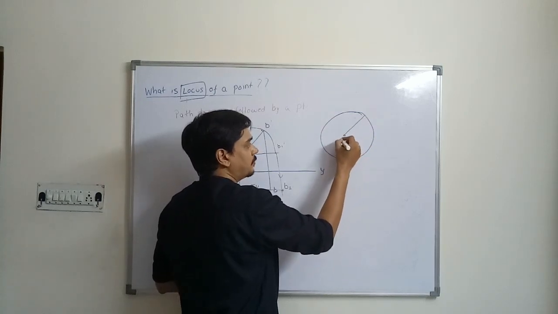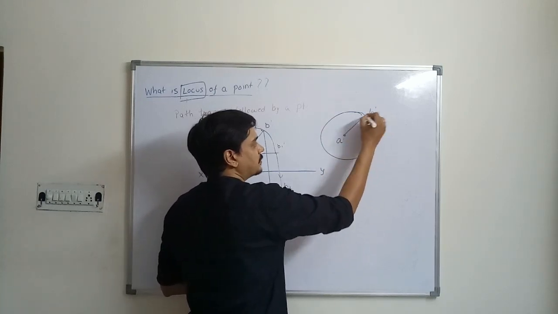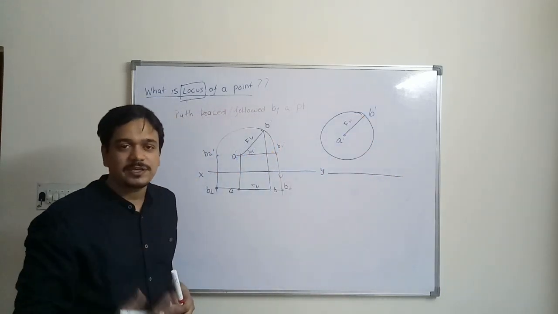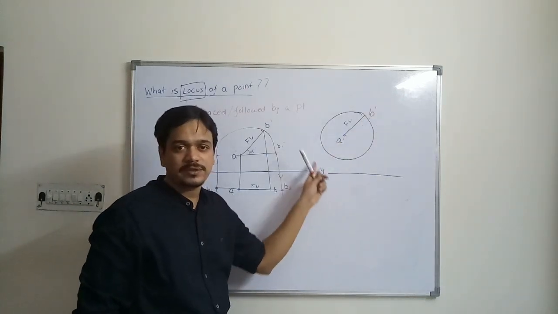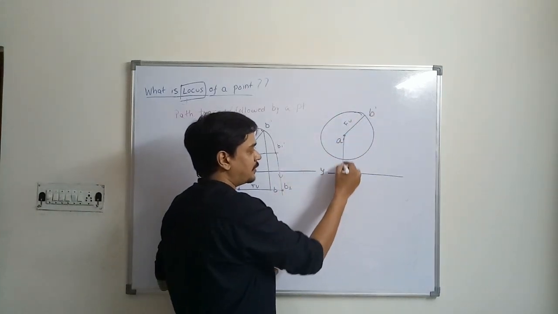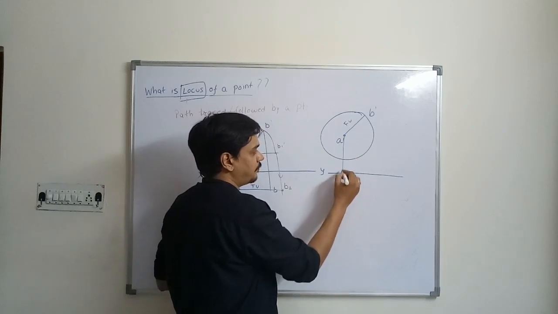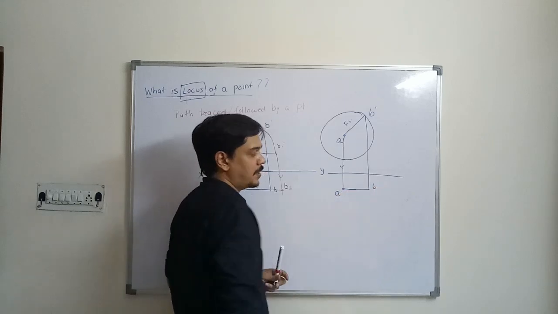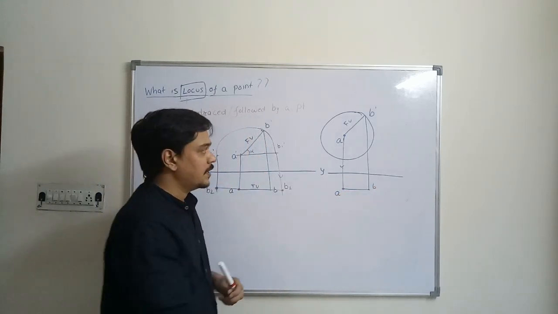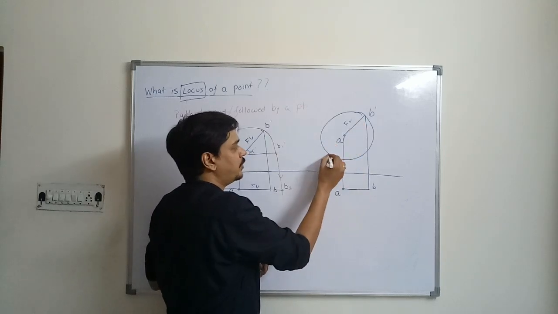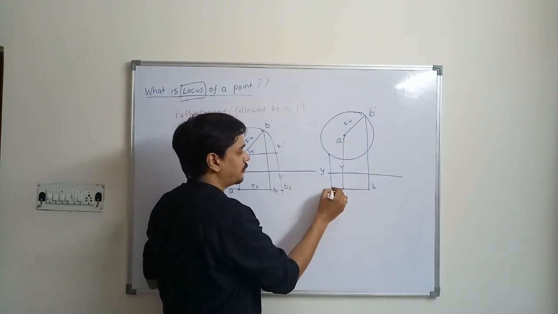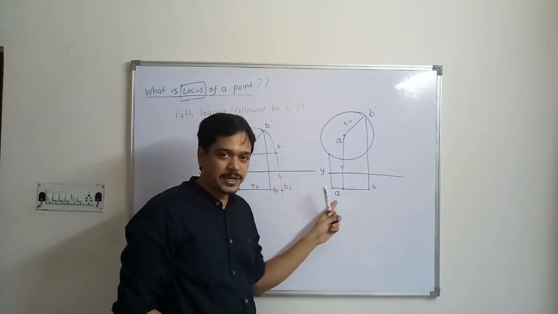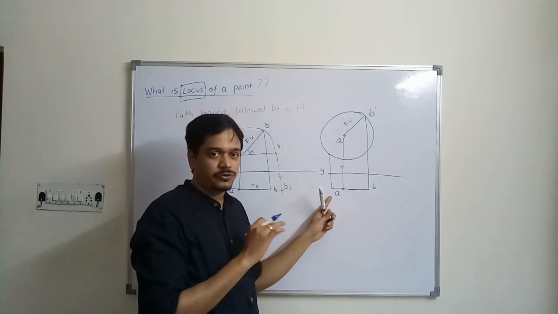this is A dash and B dash, and this is the front view. If you obtain various positions of the B point over the circle, its effect on the top view will be in a straight line. Even if you shift this point to here, it will come over here. So the path followed by point B here is a horizontal line.